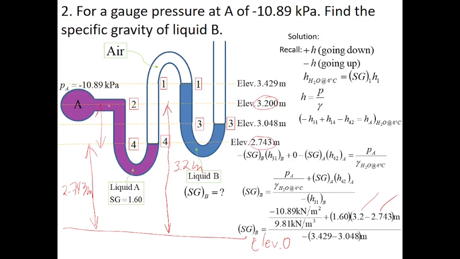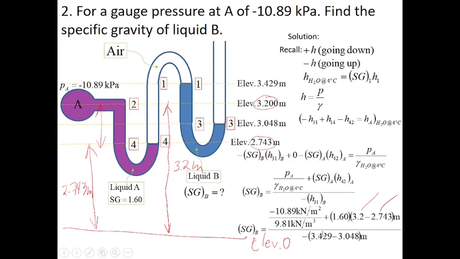The pressure head at that point, the pressure head from 2 to 4, will be expressed in terms of pressure head of water. Then we divide it by negative.